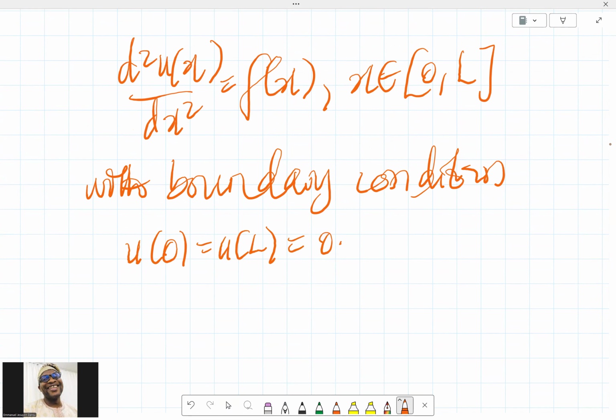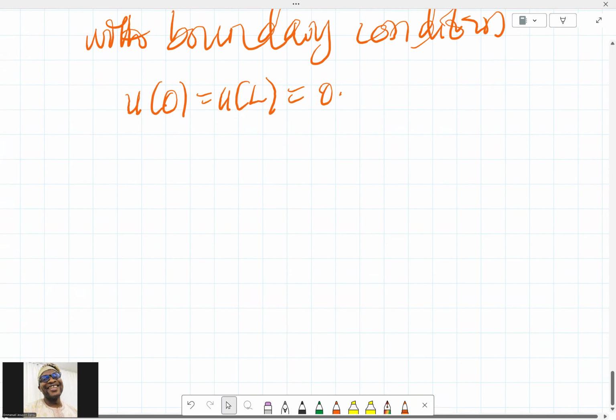So that simply means that the values at the beginning and the end are the same, they are 0.